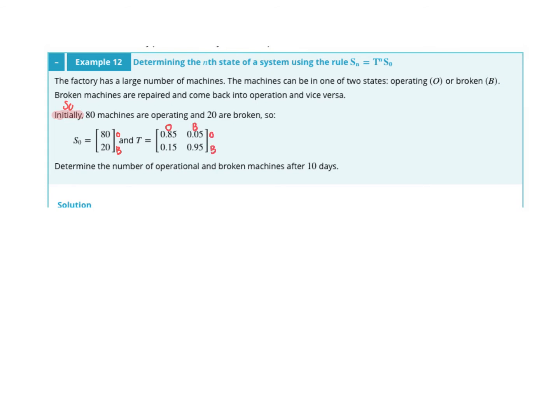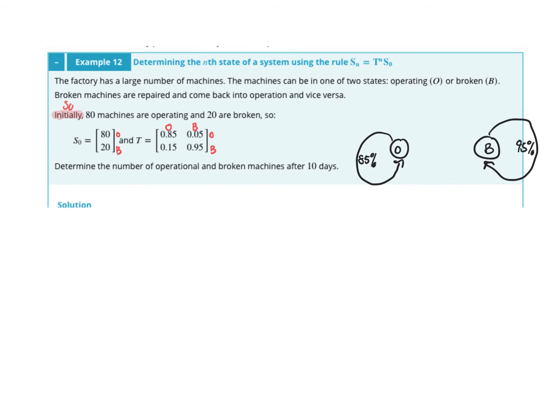Just to refresh, like what we did yesterday, looking at that transition, you're either operating or you're broken. Now, 85% of operating machines on one day are operating the next day. And broken to broken, that's 95% of the machines broken one day are still broken the next day.